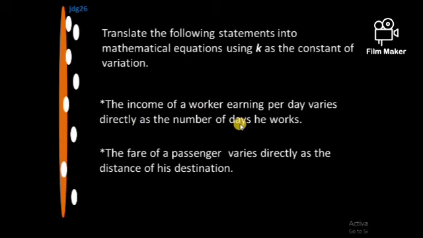So, kapag inire-write natin siya into equation, we have I equals KD, which is the first equation dun sa pinresent natin kanina na equation ng direct variation. I stands for the income since yun ang unang binanggit, equals K is the constant of variation, and then D for the number of days kung ano yung huling binanggit. And that's it. Yun na yung kanyang equation.